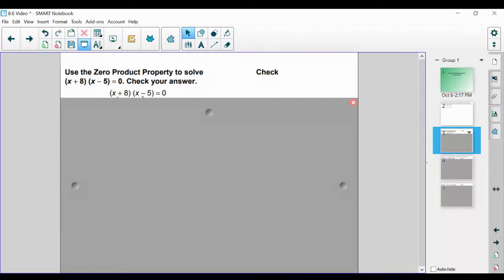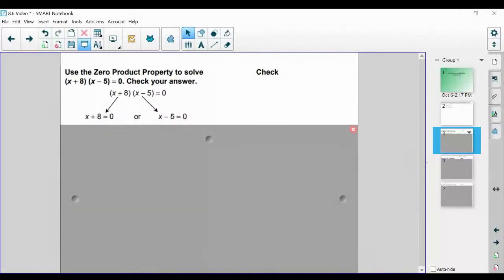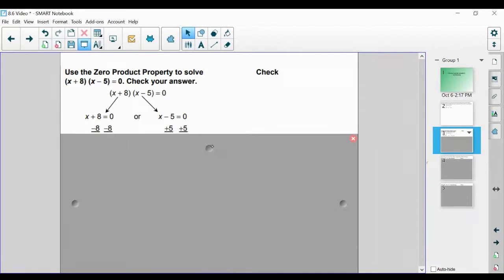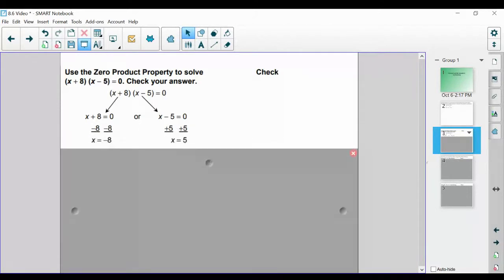So to do that, we're going to break it apart. We're going to end up with the two separate equations. x plus 8 is equal to 0, and x minus 5 is equal to 0. When we solve, we see that x is equal to negative 8, or x is equal to 5.